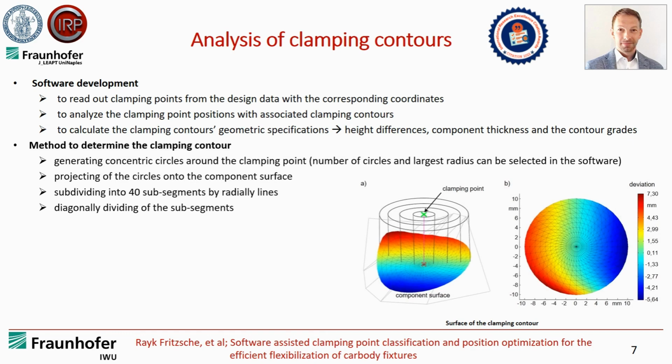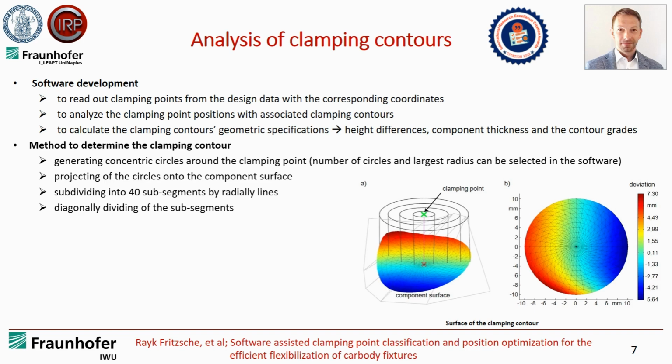The method to determine the clamping contour starts with generating concentric circles around the clamping point. The number of circles and the largest radius can be selected in the software by the user. Then the circles are projected onto the component surface.